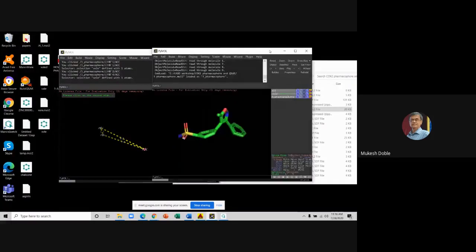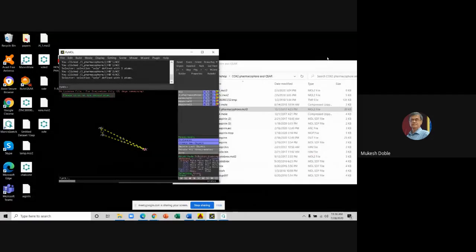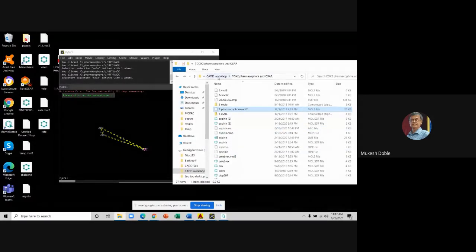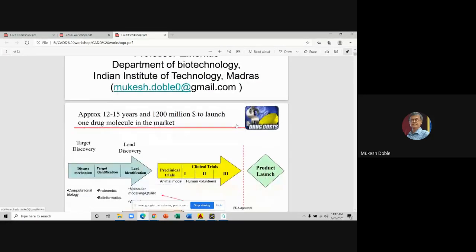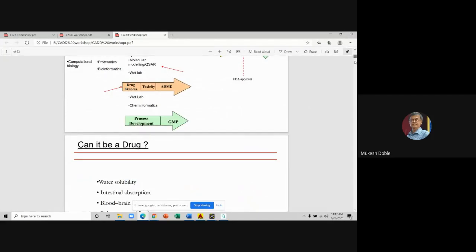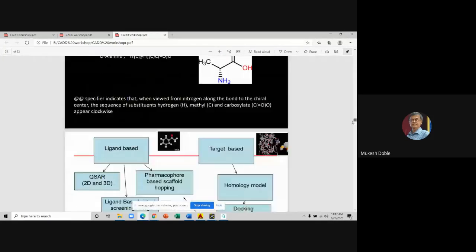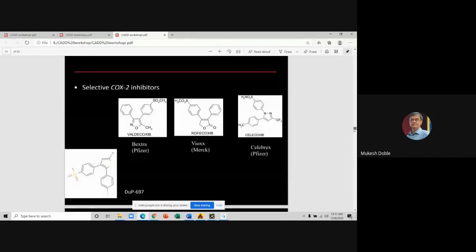Okay, so if we go back to our PPT, these four molecules have something in common, three acceptors, either nitrogen or oxygen.